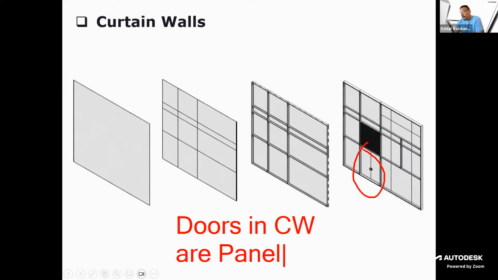And then you can also tag them with the same type of tags that a door would use. So the exercise of placing a curtain wall door is an exercise by which you pick the panel and swap it with a door type and a door family that is special for curtain wall.